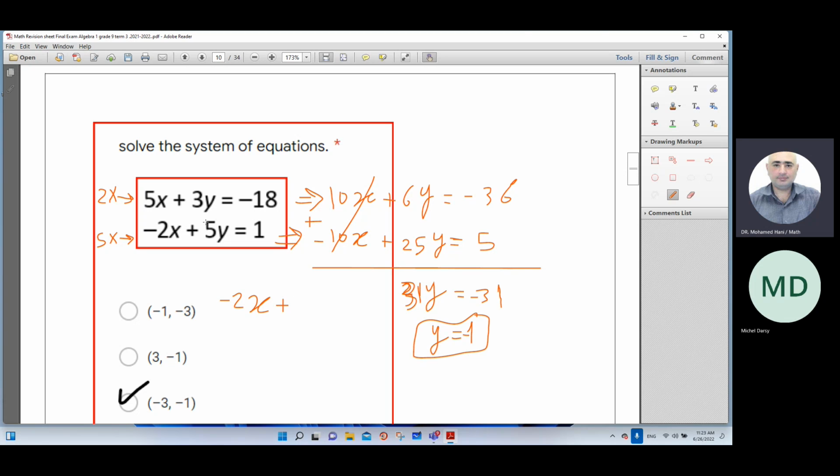So 5 multiplied by the value of y, which is minus 1, equals 1. So minus 2x, 5 times minus 1 will be minus 5, equals 1. You can add 5 to the two sides.